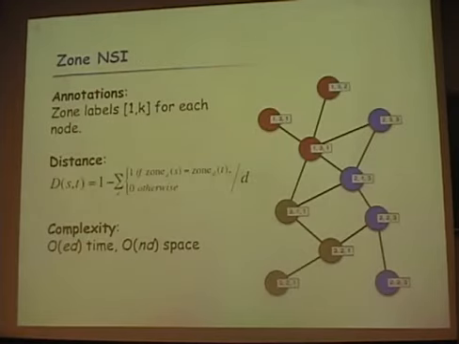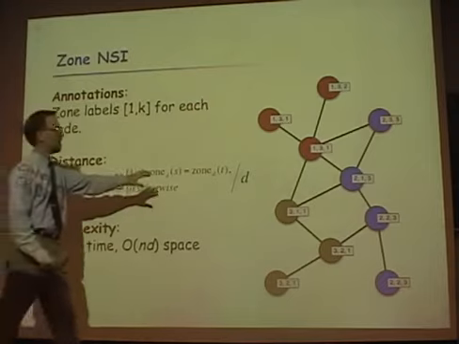Let's try the simplest idea we can think of, which is to create a set of contiguous zones in a network where these zones are mutually exclusive and collectively exhaustive. So we're going to partition up the network, any network, into a set of zones, and then we're going to do that many times.